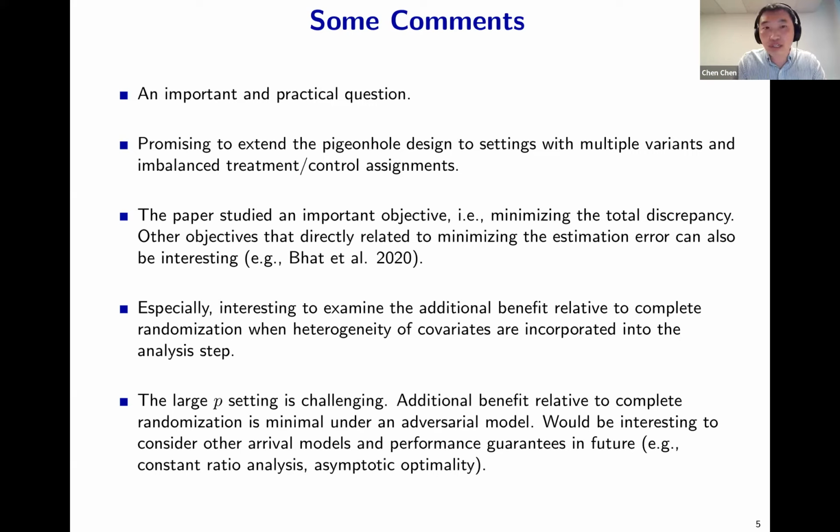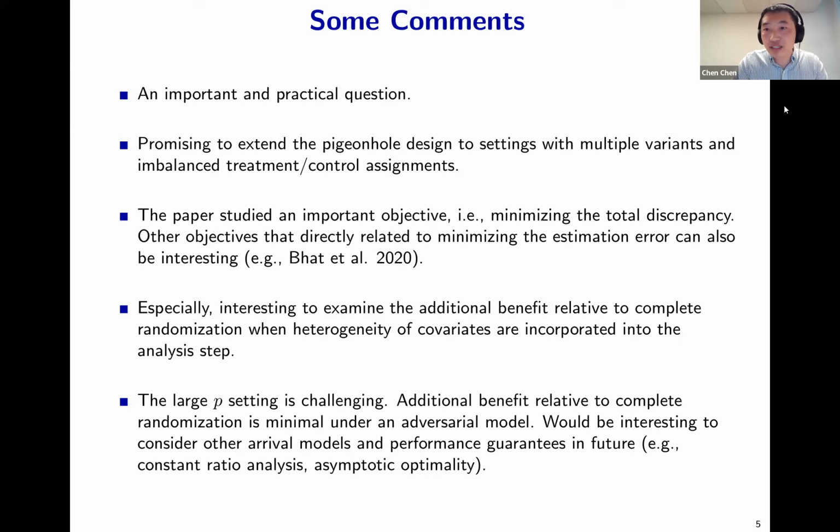And also the Pigeonhole design is very simple and elegant, and it is very promising to extend it to more general settings that incorporate multiple treatment variants, and also to the case that the treatment and control assignment can be imbalanced.